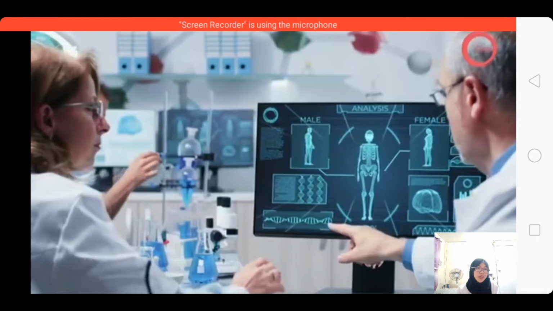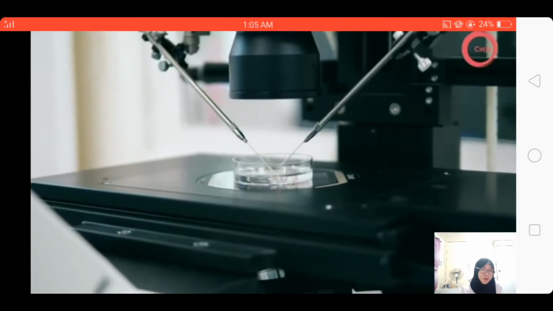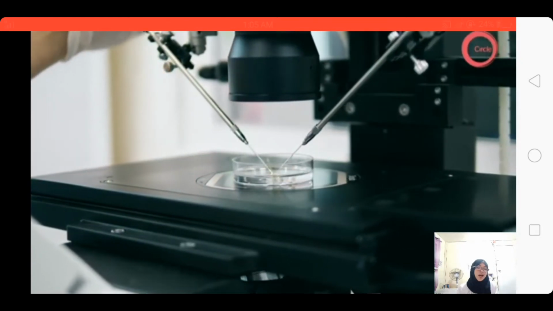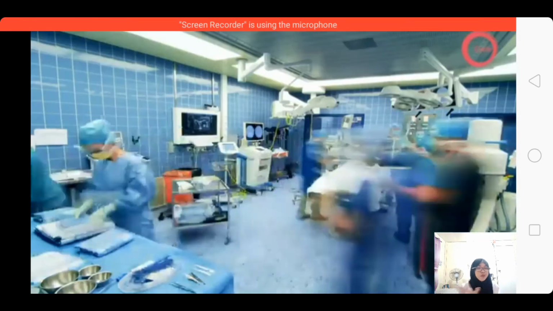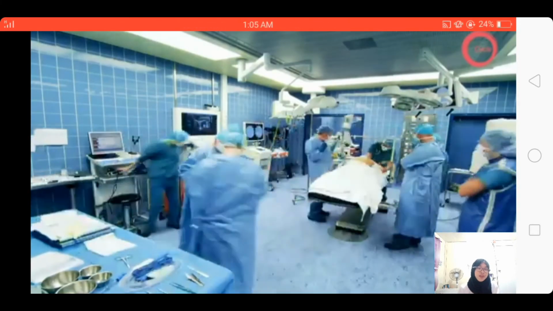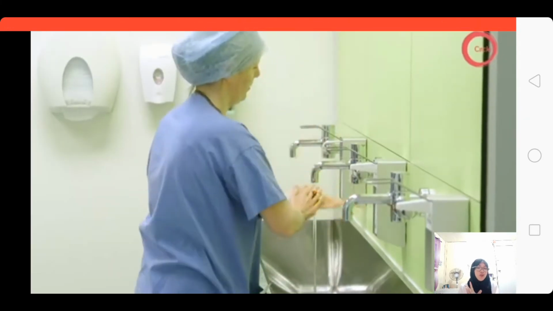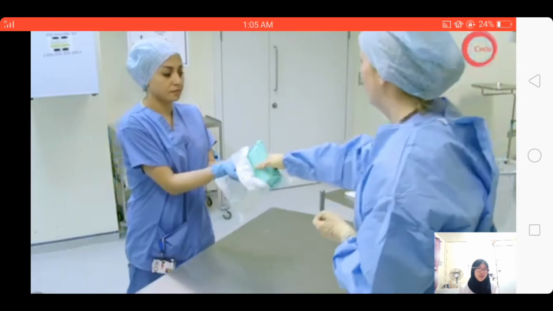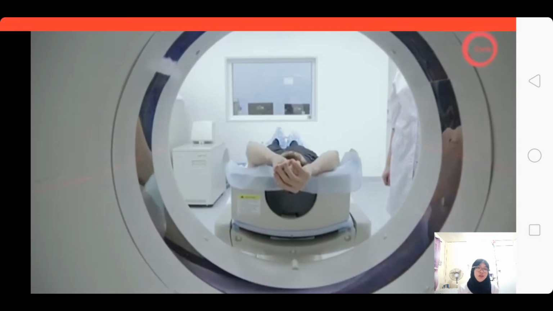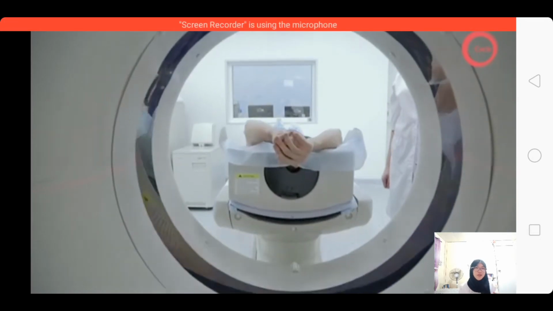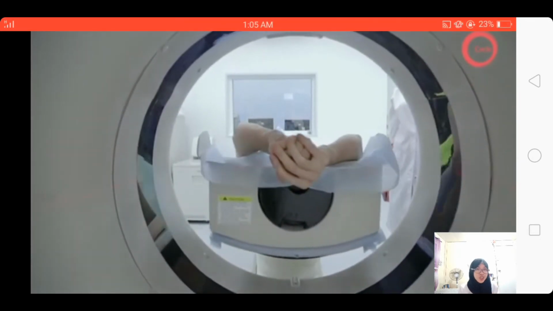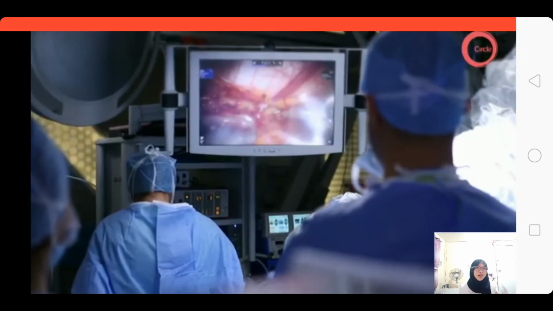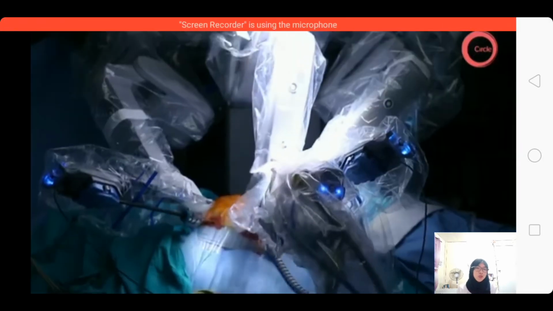Now, what advantages does the technology bring for the patient? Of course, having those advantages, it can also bring disadvantages, complications, risk factors or adverse effects for the patient. For example, the laser or the X-ray will cause radiation.